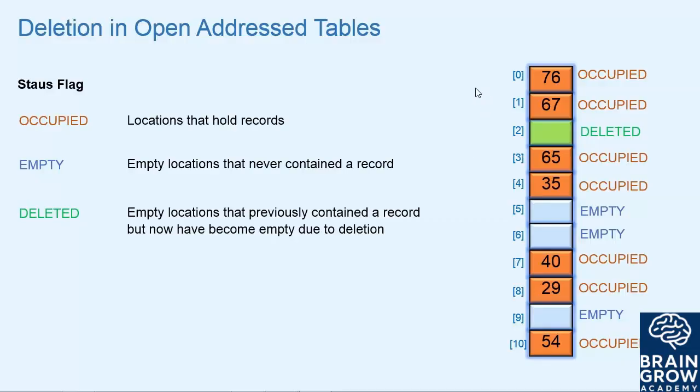Now while searching for a key, we'll stop only when we reach a location whose status is empty. We will not stop our search if we encounter a location whose status is deleted. So now when we search for this key 65, we'll not stop here. While inserting a new record, we can stop when we reach either an empty location or a deleted location.